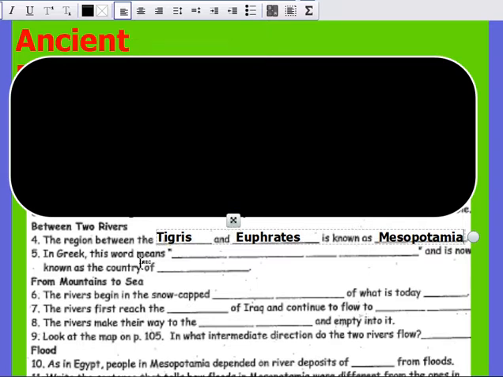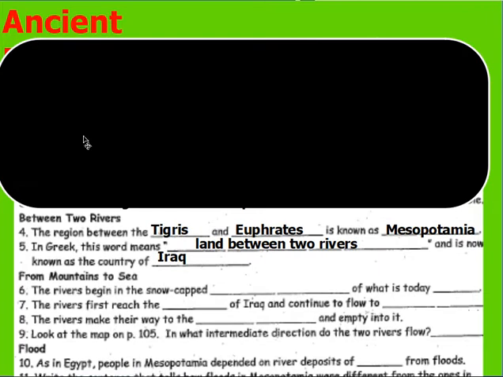In Greek, this word means land between 2 rivers and is now known as the country of Iraq. See what I did there? Had that typed before you even knew it.